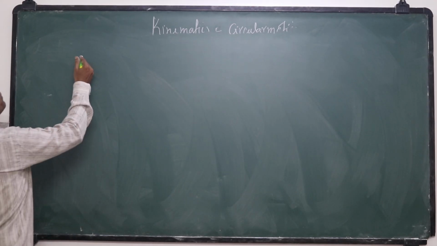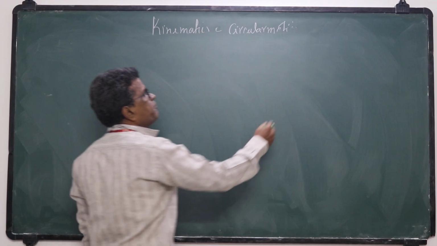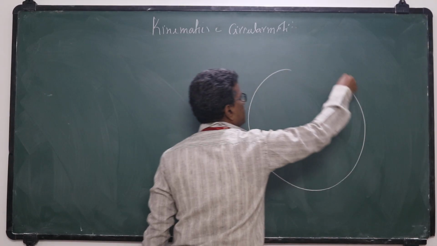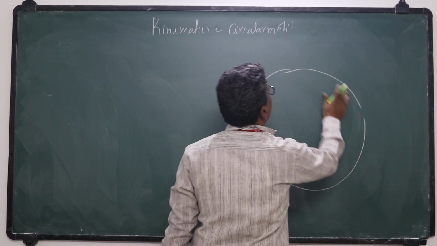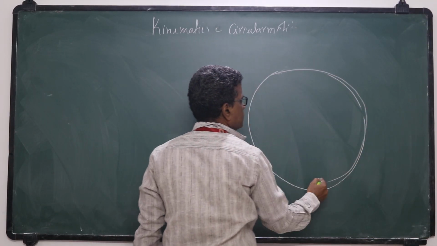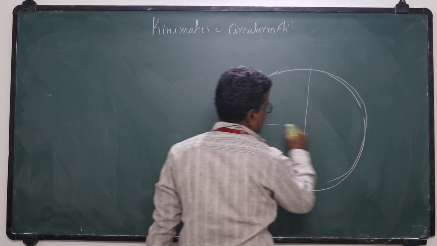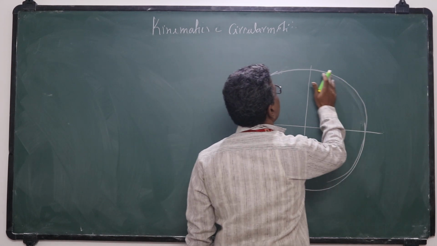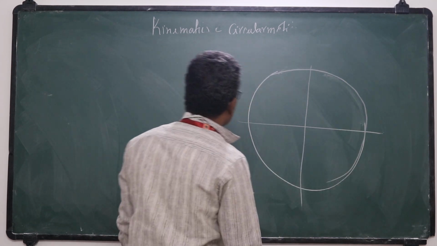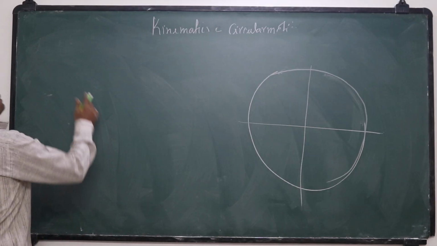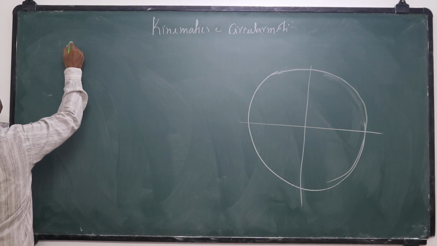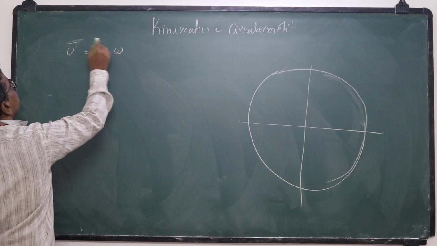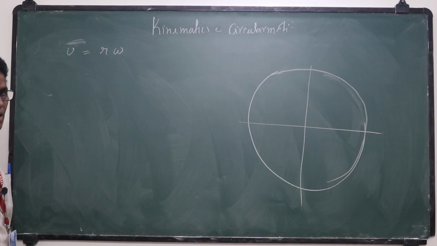Let us consider a particle that moves in a circular path, circular motion. Its linear velocity V is equal to R omega. So V is equal to R omega.